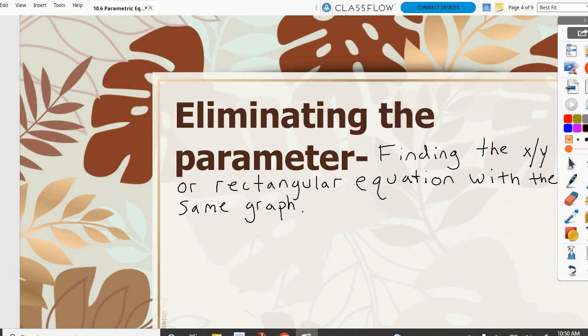Okay? Now, we do have to do some steps most of the time when we want to eliminate. So if we want to eliminate, our first step is going to be to solve for the parameter in one equation.